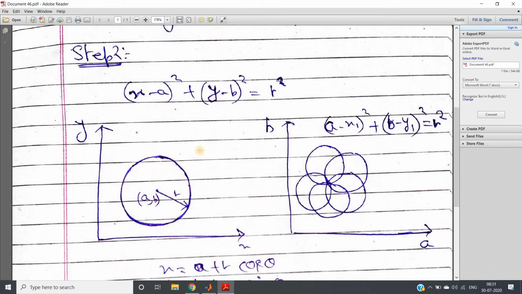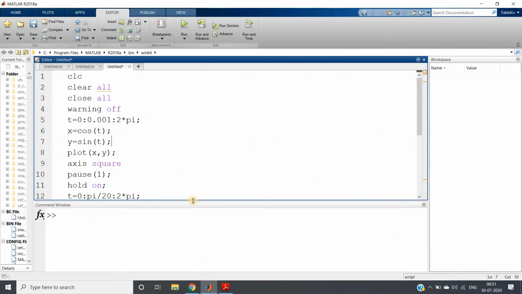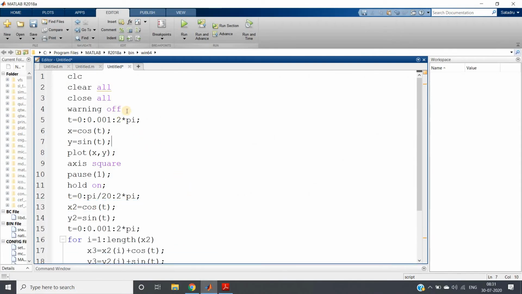So let me show you this part: if we take all the points present on a circle and draw a circle on each, they will intersect at a highly concentrated region. For this I have written this MATLAB code: clc, clear, close all. I have taken the range of t from 0 to pi, x equal to cos theta, y equal to sin theta, then plotting that.